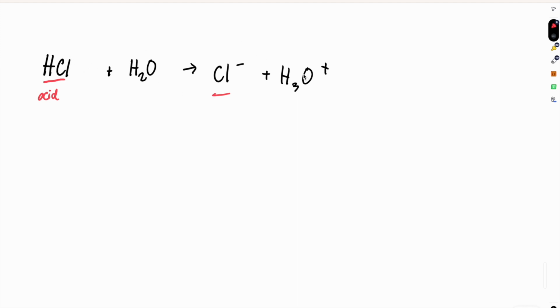So, unsay nahitabo? Ni HCl kay gidonate niya kang water. That's why water here, H2O, is a base and will become H3O+. Okay, so HCl becomes Cl and H2O becomes H3O+.